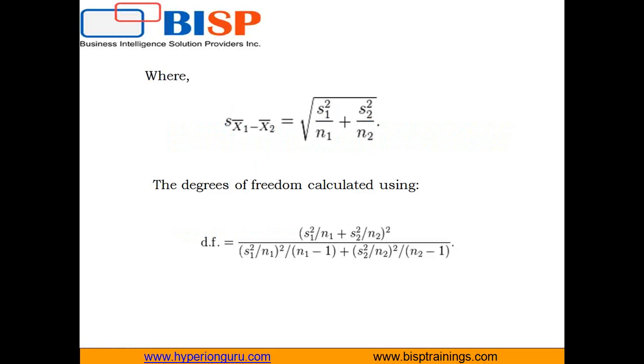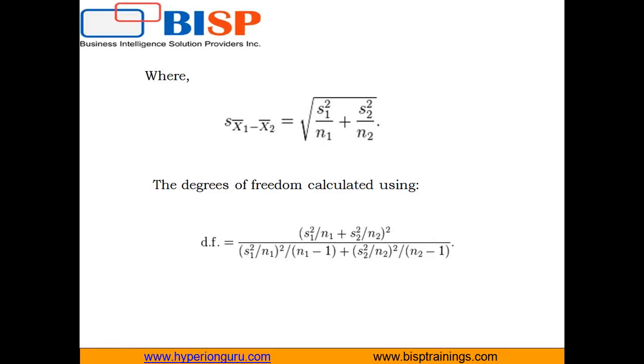Note that in this case, S of X1 bar minus X2 bar is not a pooled variance. So S will be calculated like this, and the degrees of freedom will be calculated with the help of this formula. But in Excel, we don't need to calculate this with these formulas. We just use the t-test with unequal variances.